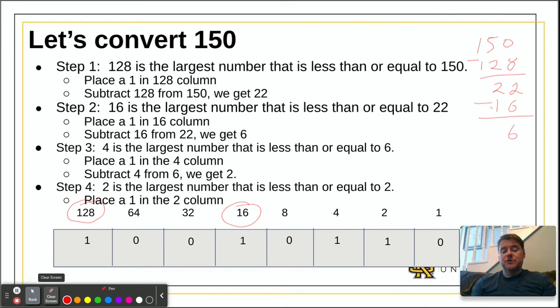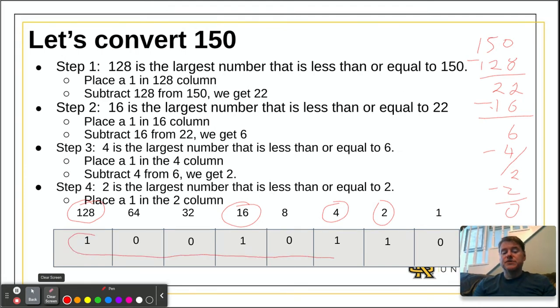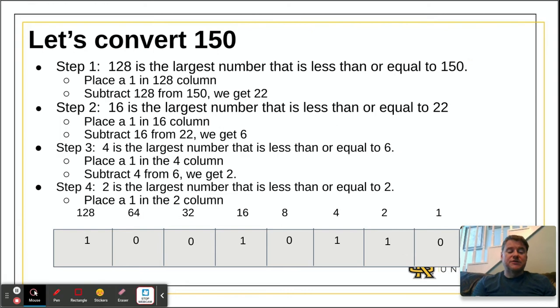The largest number less than or equal to 6 is going to be a 4. We're going to subtract 4 out of here, and that leaves us with 2. The largest number less than or equal to 2 is 2. Subtract that out, and we get 0. So for 150, the answer was 10010110. That's the encoding of 150. So it's pretty simple. If you follow these rules, you will always get the right answer.